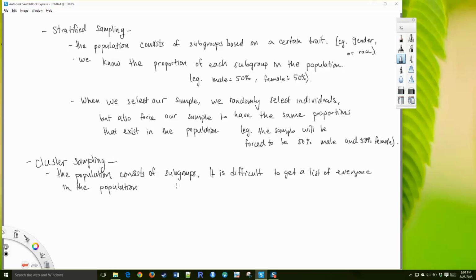It's difficult to get a list of everyone in the population, but not difficult to get a list of the subgroups.